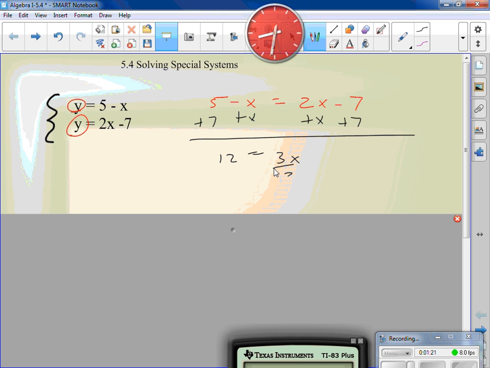Divide by 3. x is 4. Regardless of whether you used the substitution method or the elimination method, you still should have an answer of x equals 4.